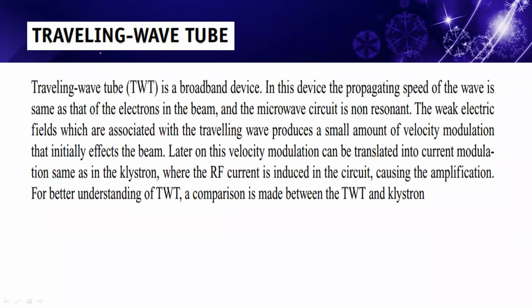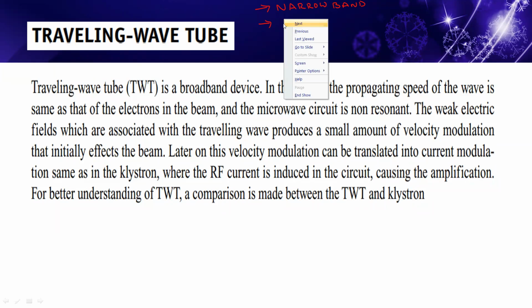So the first slide is the traveling wave tube. In communication, we have two types of devices according to frequency: narrow band and wide band, or broadband. You are familiar with these words from analog and digital communication.